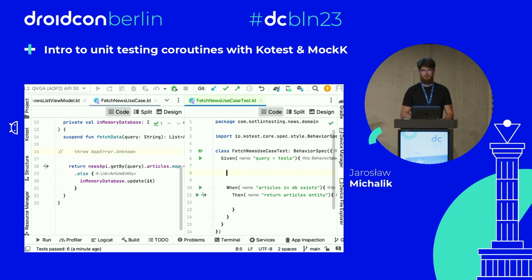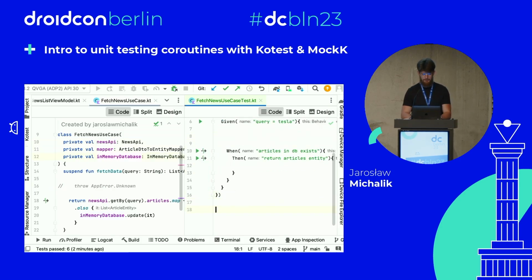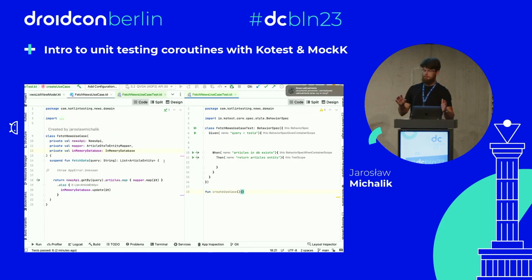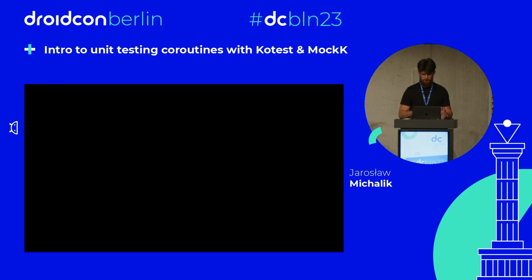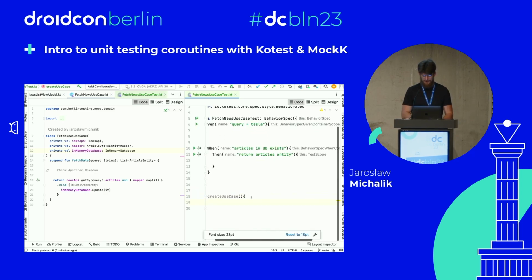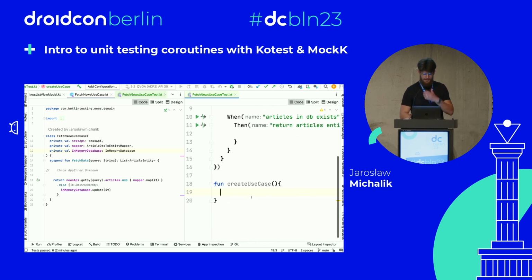So now we need to create dependencies for our system under test. We have news API, we have mapper, we have in-memory database. I will create a helper function for it, create use case, and we'll provide default arguments in here.